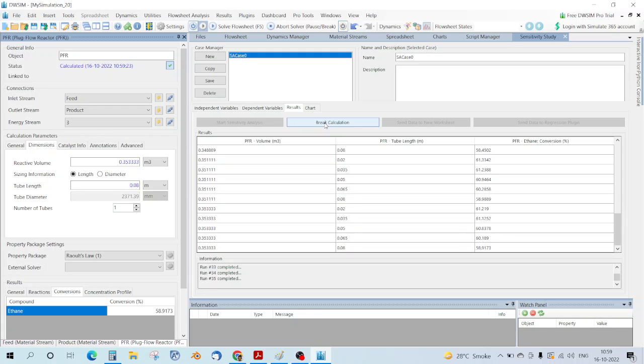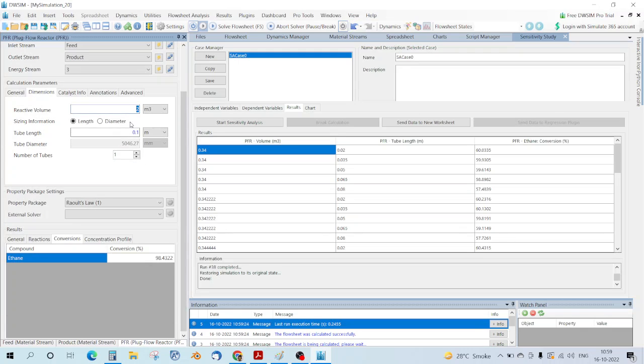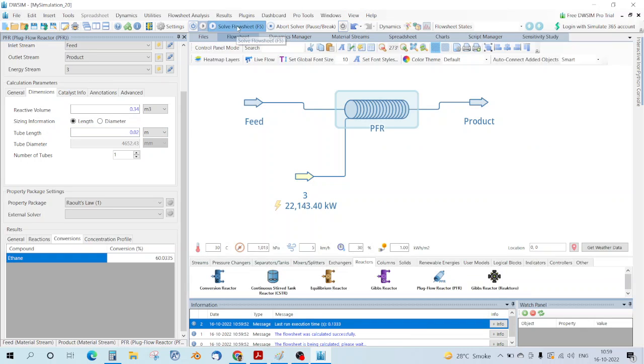So overall, we get about 0.34. Yes, that's a very close value, and we can take 0.34 as the answer. So this is how you get this. Now you can just put the 0.34 over here, and we can also put my tube length to be 0.02, and let's go to my flow sheet and solve it.